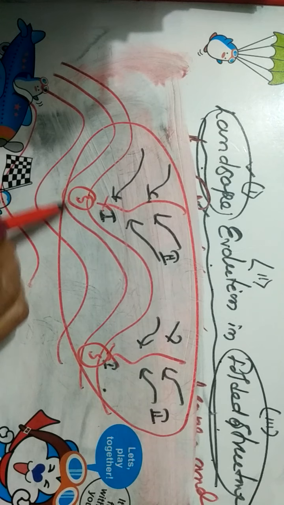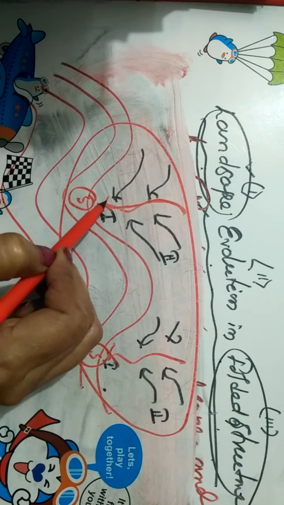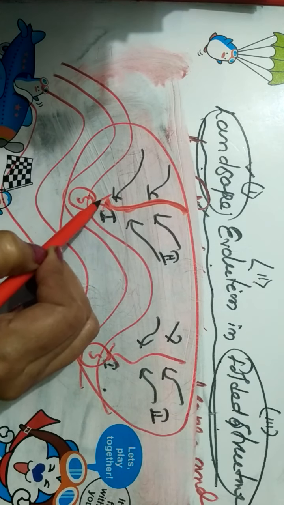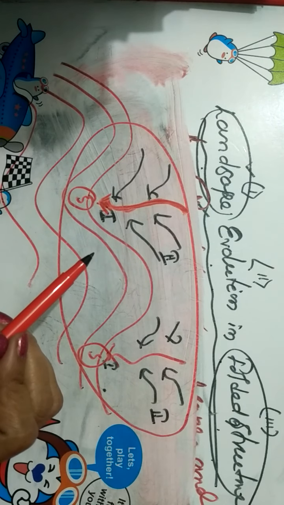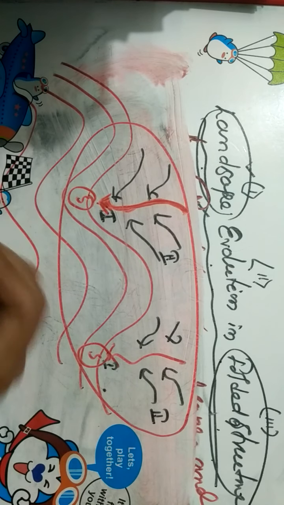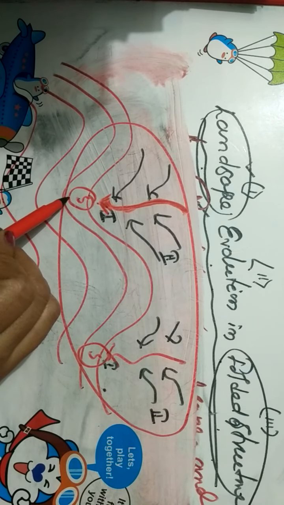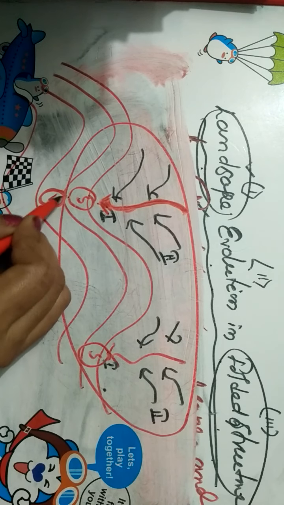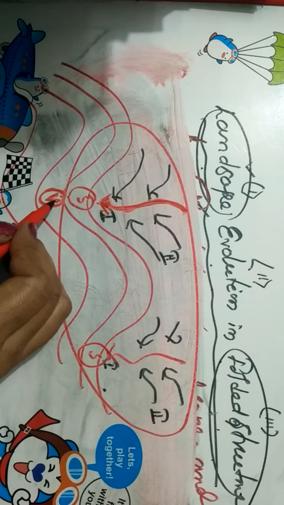Initially subsequent stream বাংলায় অনুগামী নদী developed along the synclinal valley. Why in synclinal valley? The synclinal valley is the কি বলবো, lowland, এটা comparatively lowland.